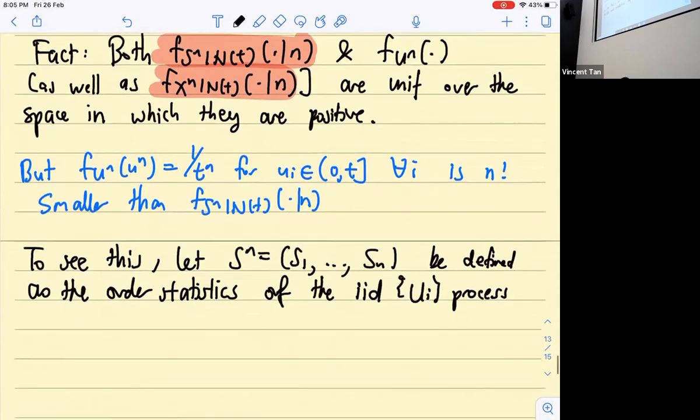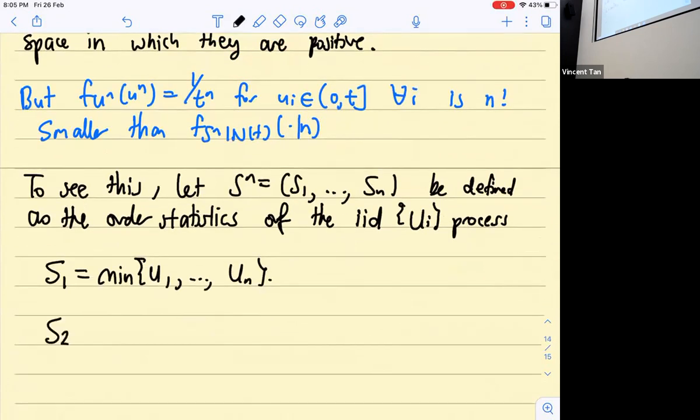So what I mean is the following: S_1 is equal to the minimum, just to be precise, of U_1 up to U_n. So that's the smallest one. S_2 is the minimum of U_1 up to U_n, excluding S_1. How to say this properly?